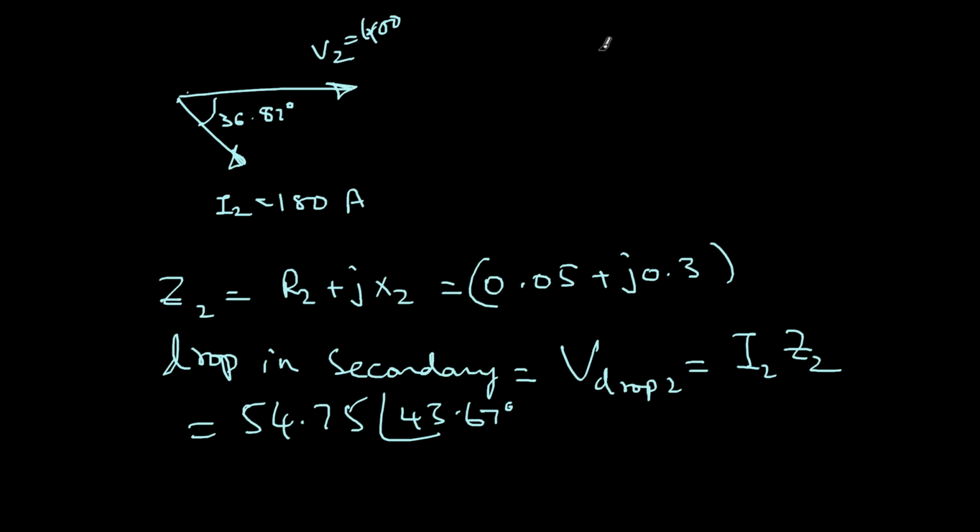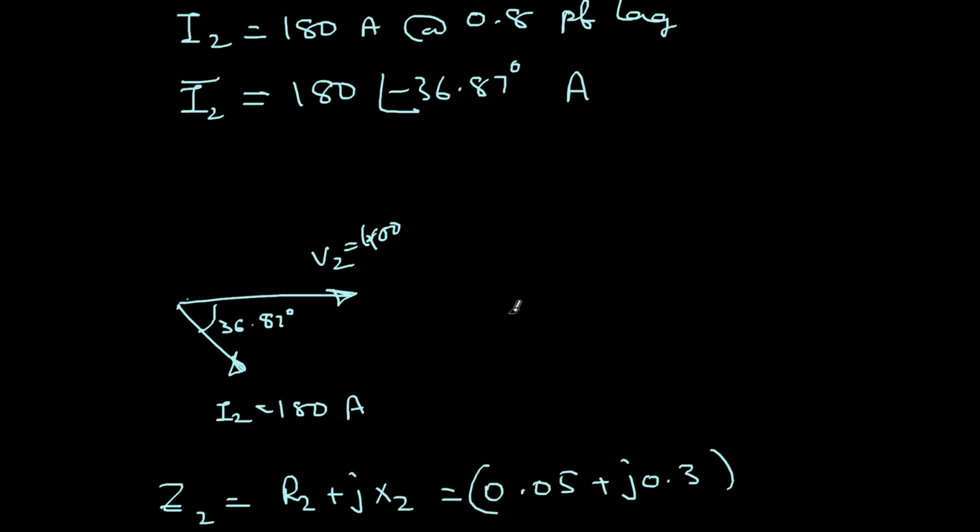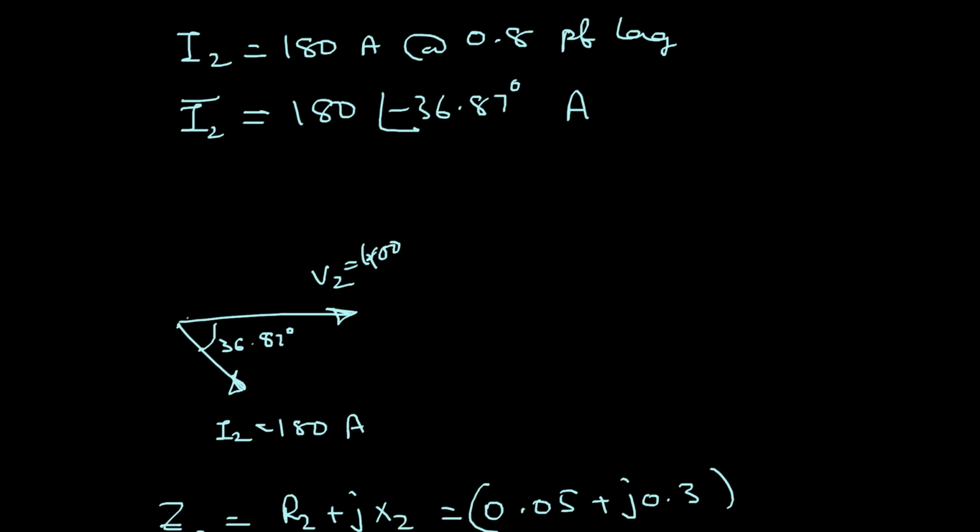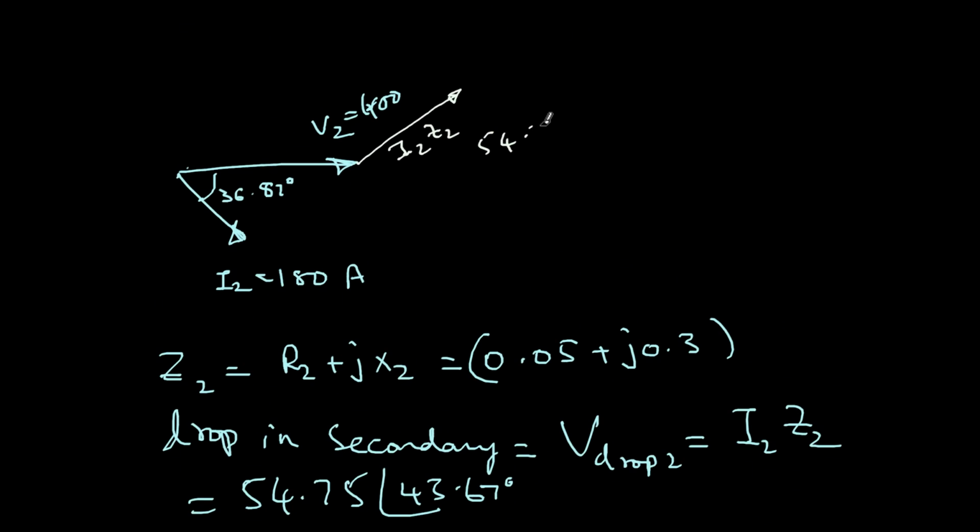So let me mark that here. So this is I2 Z2, and this length is 54.75, and this angle is 43.67.